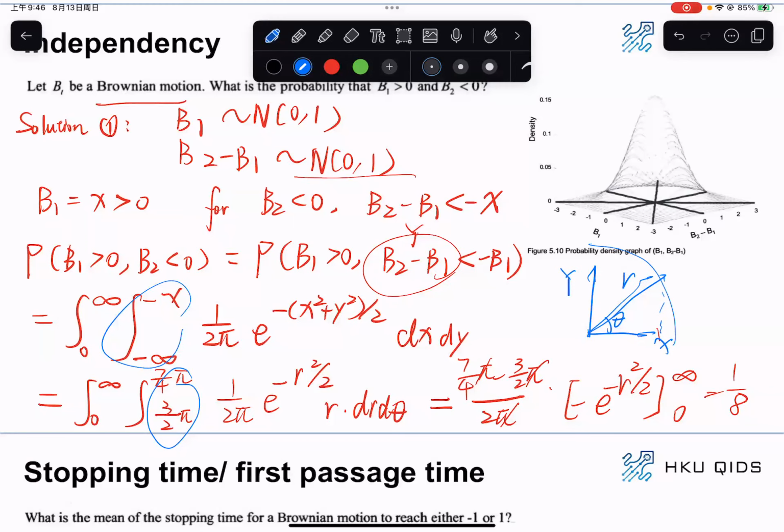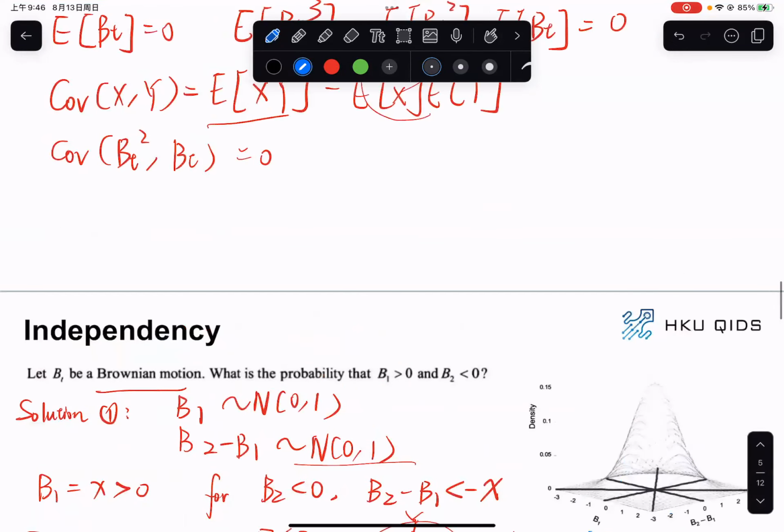So that's it for the standard solution, but I want to provide another solution which fully takes advantage of the fact that B1 and B2 minus B1 are two independent N(0,1), okay? So we just need to use the conditional probability. Let's write it here.